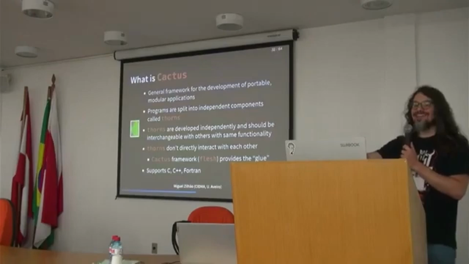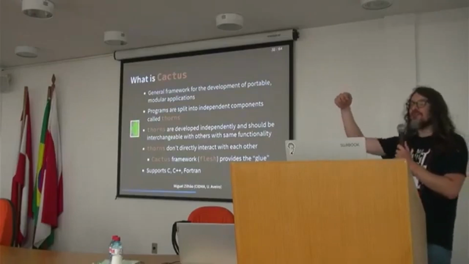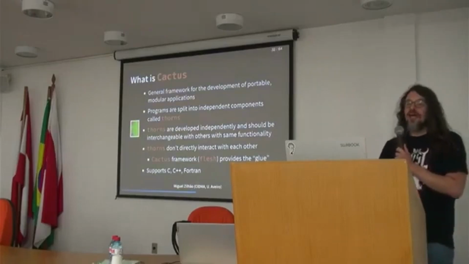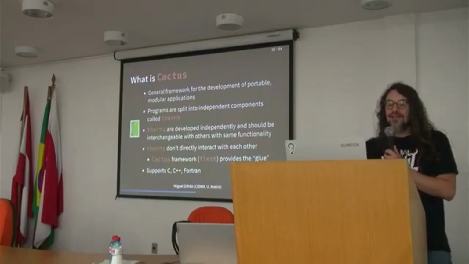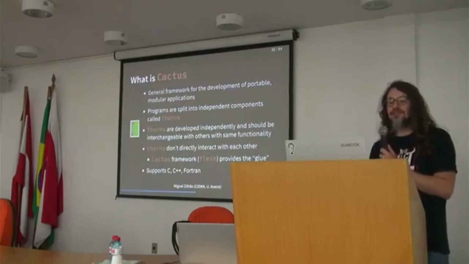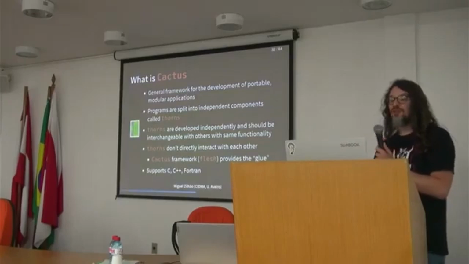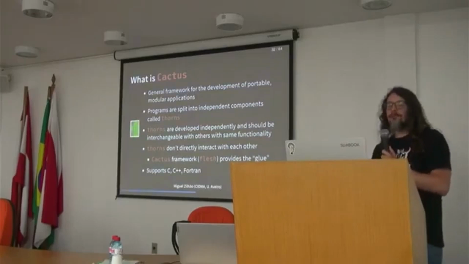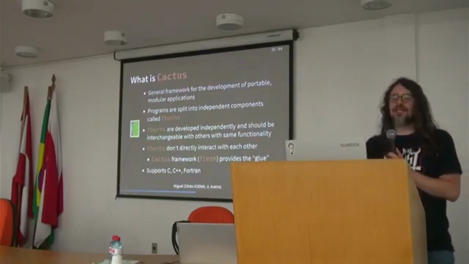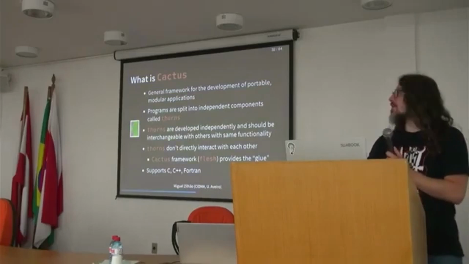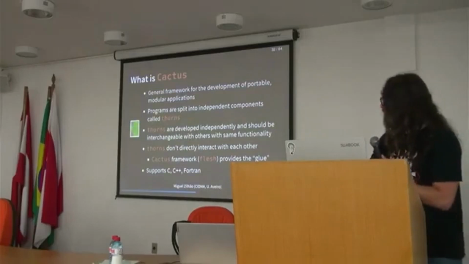You have the Cactus flesh, and you have the thorns of the cactus. Thorns don't directly interact with each other; they interact via the Cactus framework, the flesh, which provides the glue between each of these independent modules.